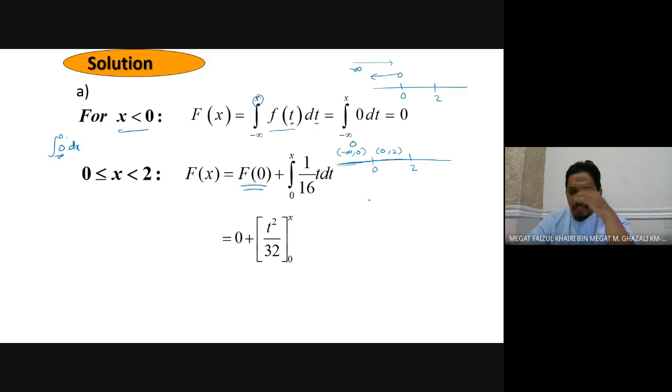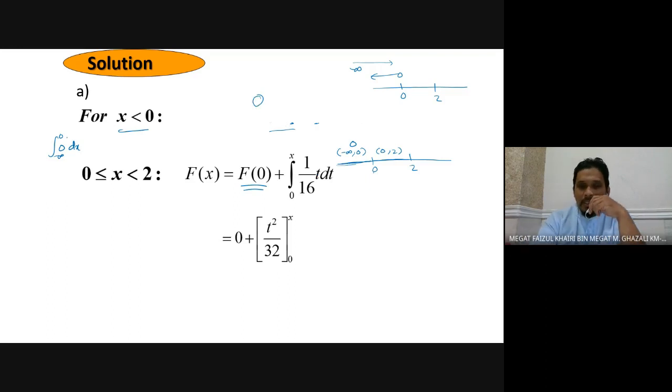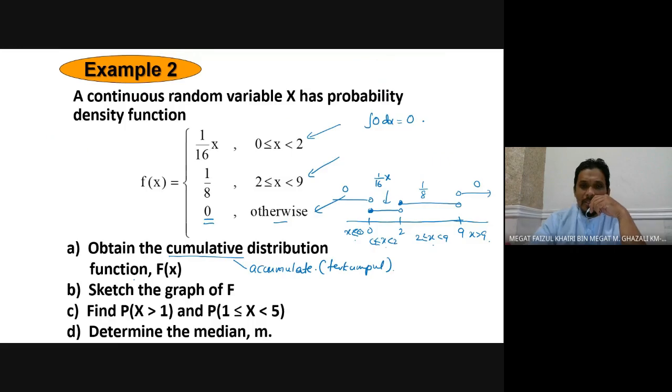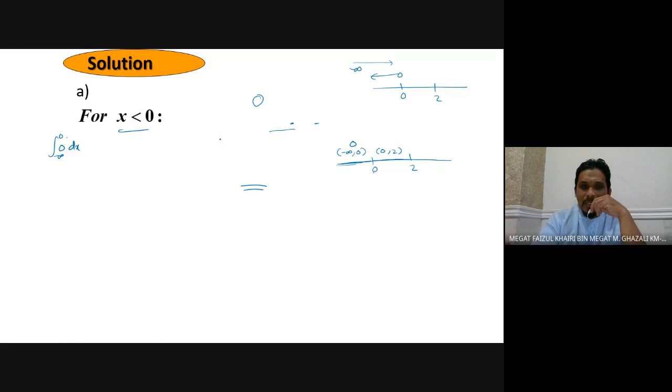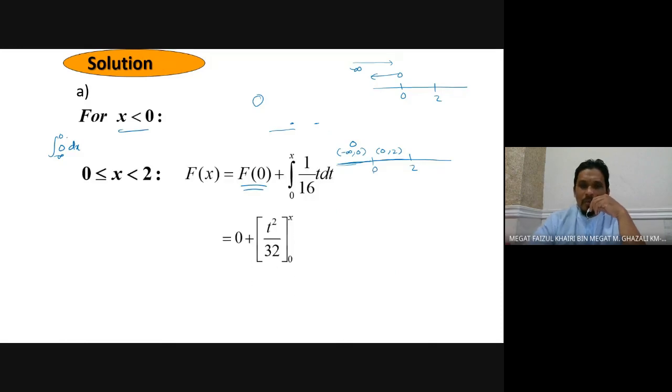Just now we have this 1 over 16 multiplied with x. Because we integrate this from 0 until x, which can be recalled as from 0 until x approaching 2, we put 0 until x. 1 over 16, change the variable x with t for a while, tukarkan kepada t untuk sementara waktu.